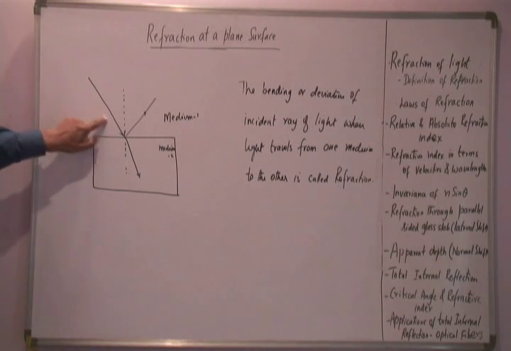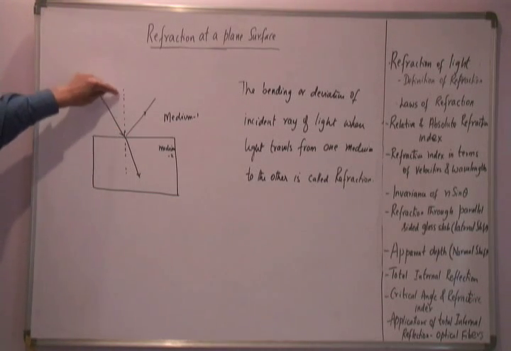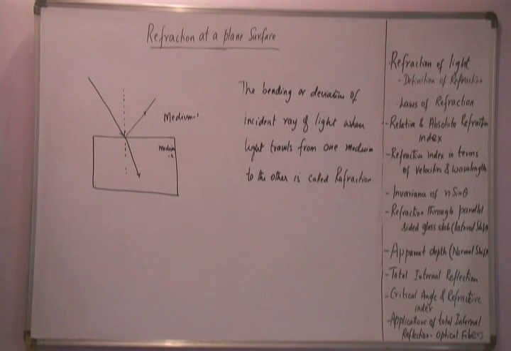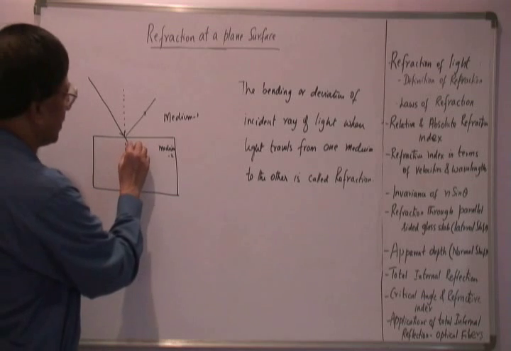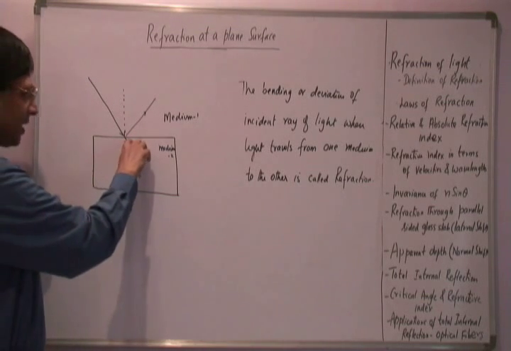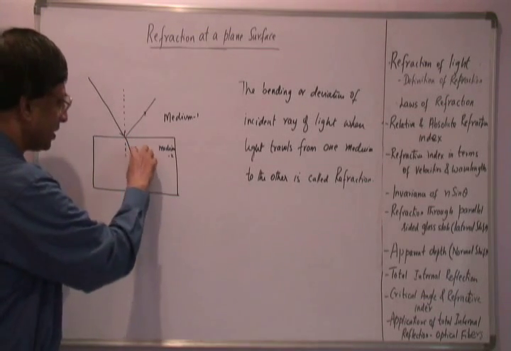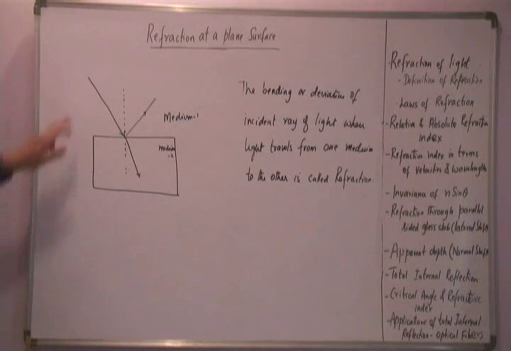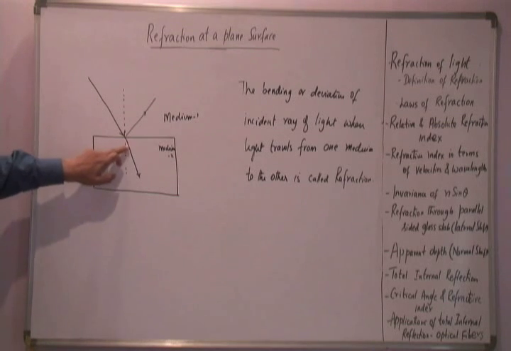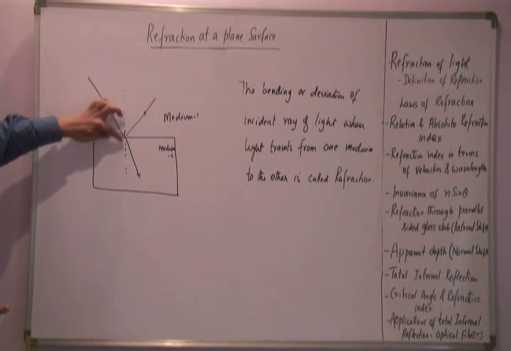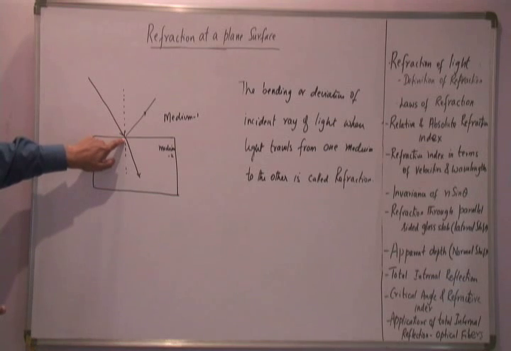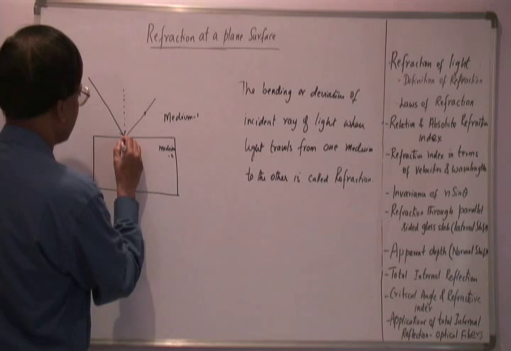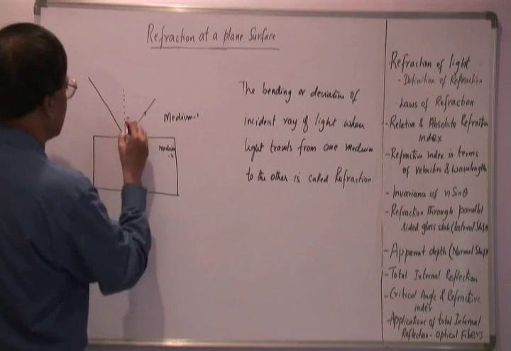So this is the incident ray, this is the normal, and this is the refracted ray. So the deviated ray of light that travels in medium 2 is called a refracted ray. This is the incident ray, this is the refracted ray, this is the normal at the point of incidence. This is the point of incidence where the incident ray is touching the medium 2.